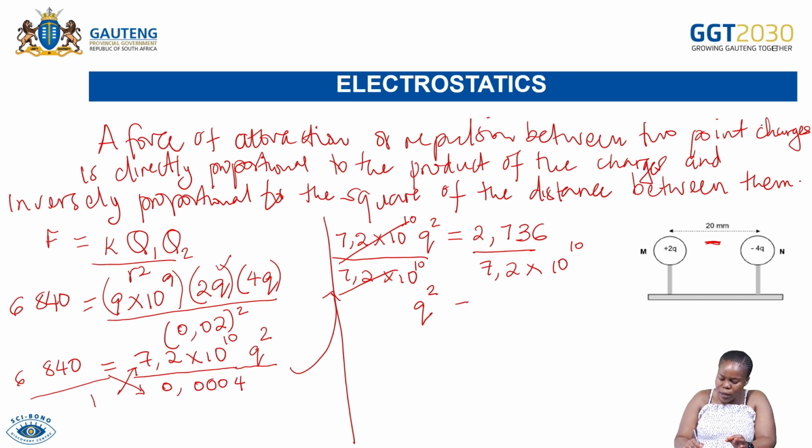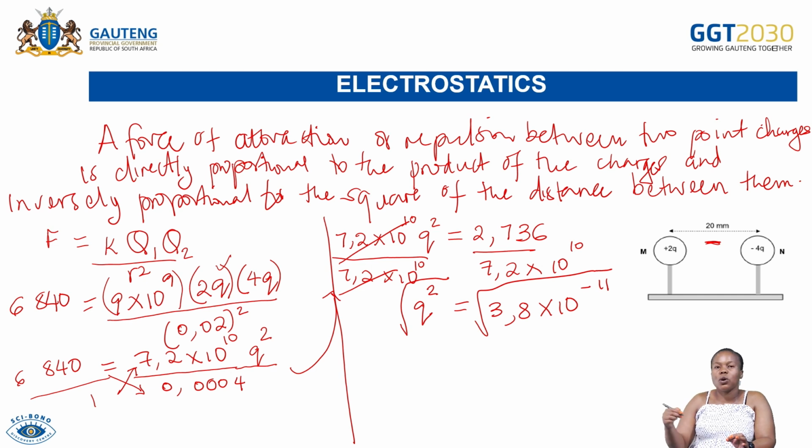It's going to give us 3,8 times 10 to the power of negative 11. Introduce a square root this side, a square root that side, because we don't want q squared, we want q.